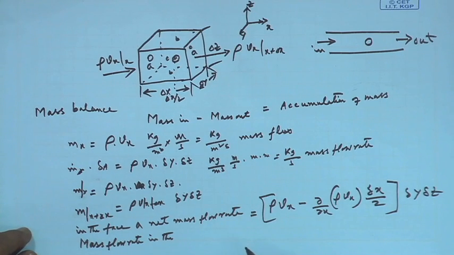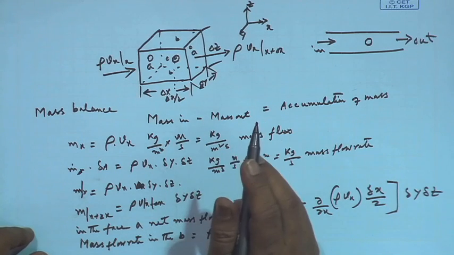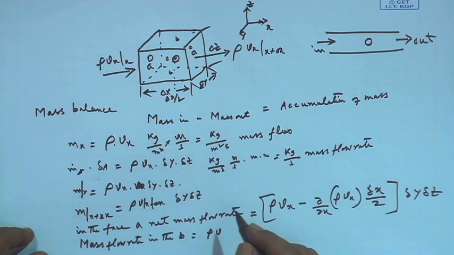So, if we write that in the face B, this will be rho Vx, for the x component, right.